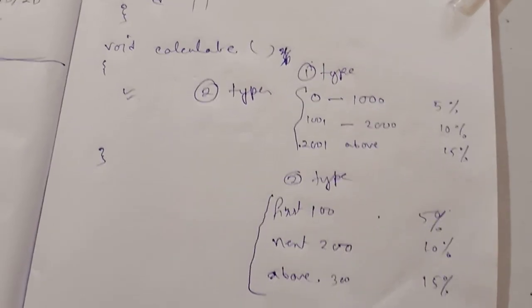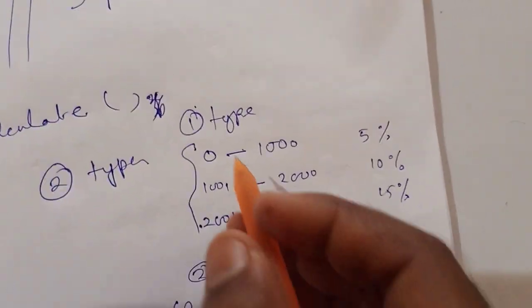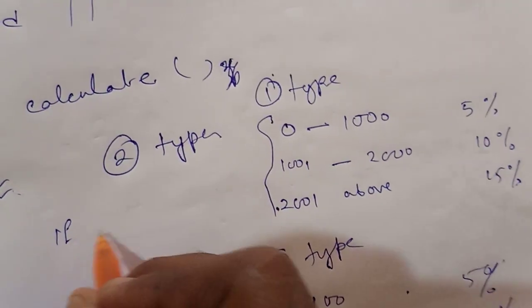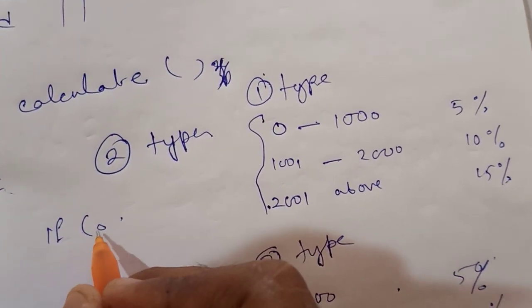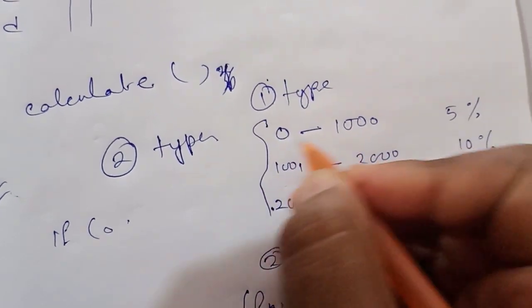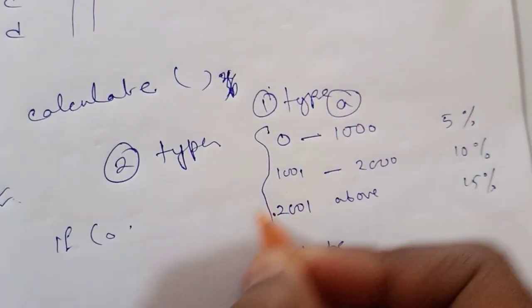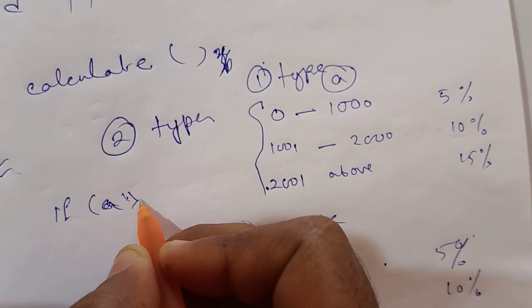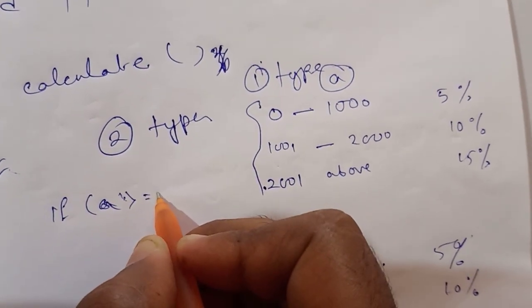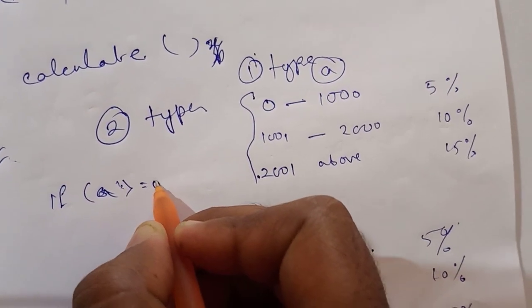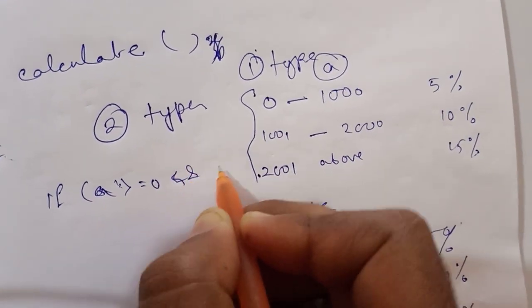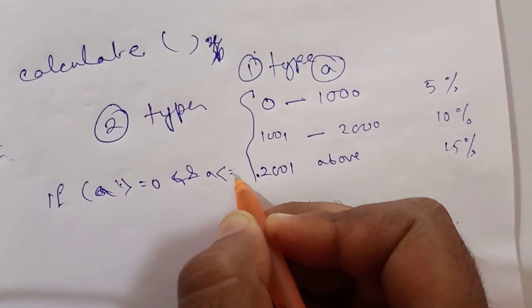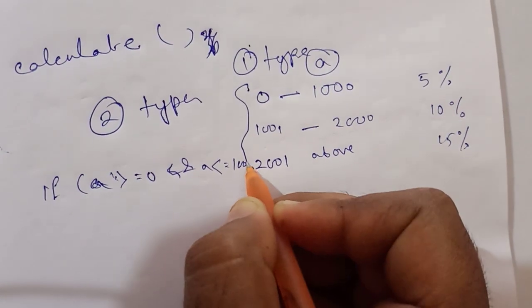Okay. Now what is the difference? When you are doing this particular type 1, easily you can write, if, for storing inside a variable, a greater than or equal to 0 and a less than or equal to 1000.